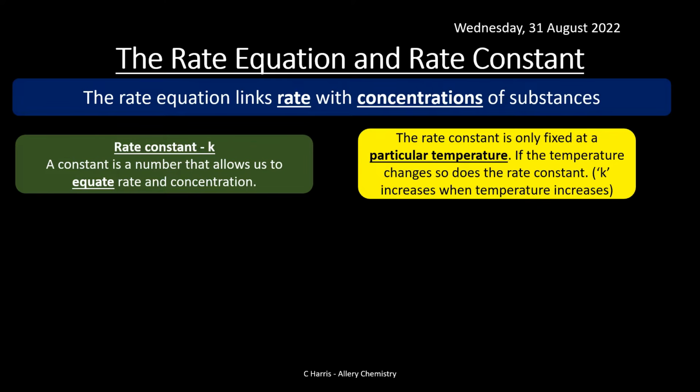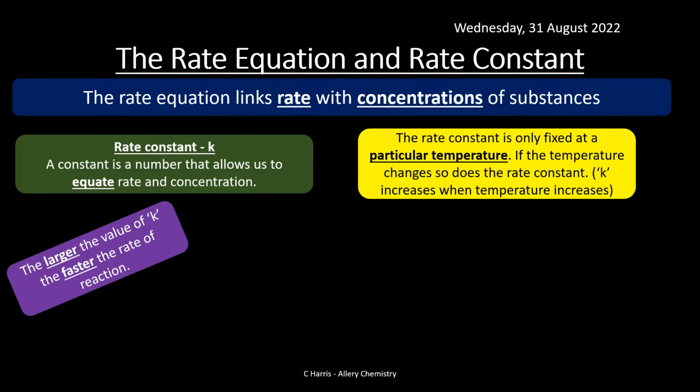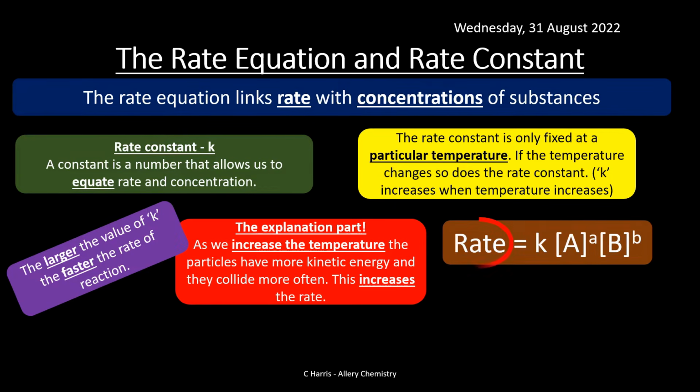The rate constant is only fixed at a particular temperature, so it depends on what the temperature is. If the temperature changes, so does the rate constant. K increases when the temperature increases. That's really important. And the larger the value of K, the faster the rate of reaction. So these are all relationships that you need to know.